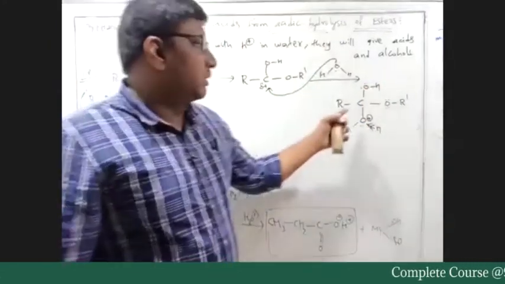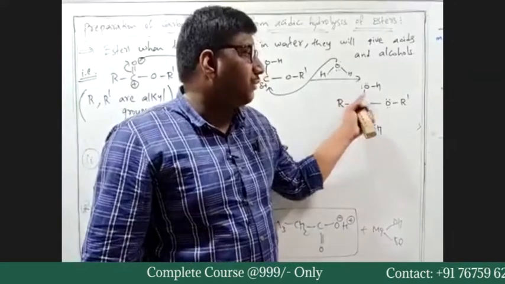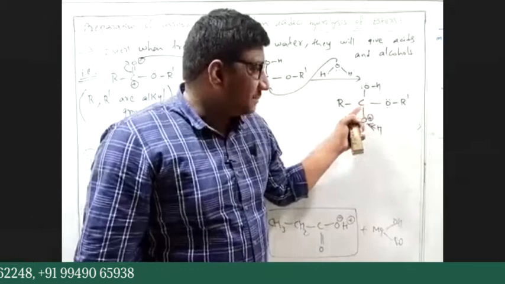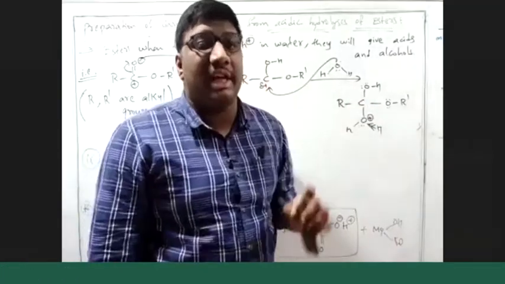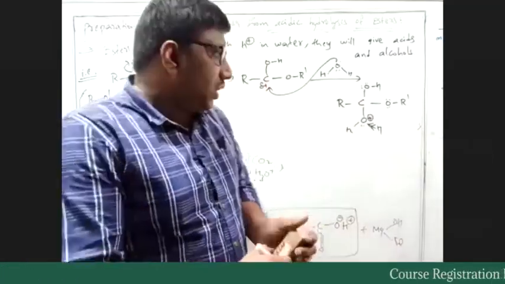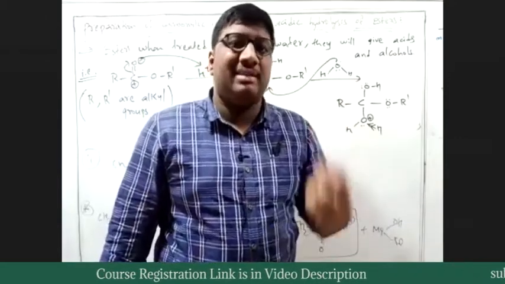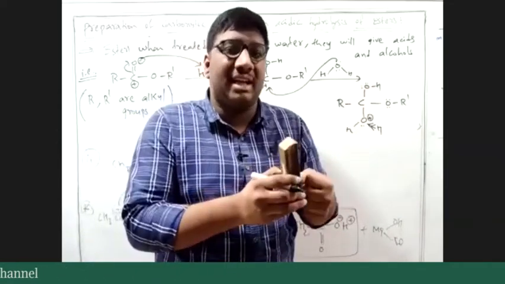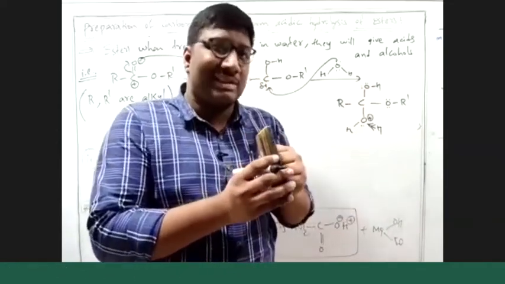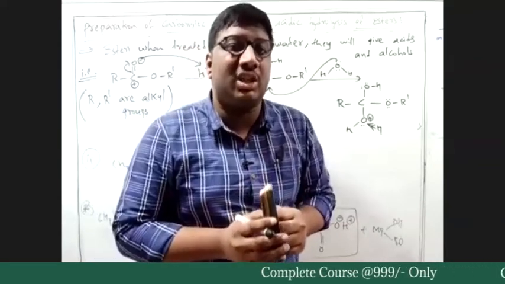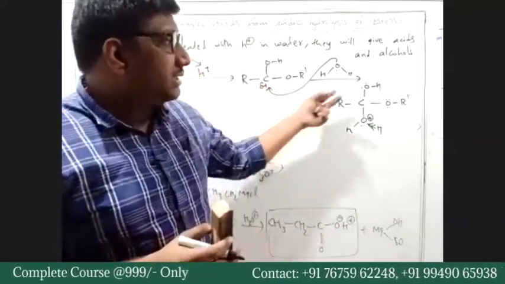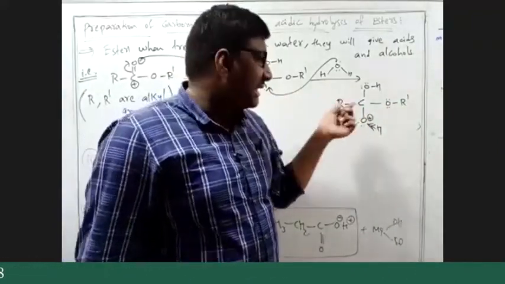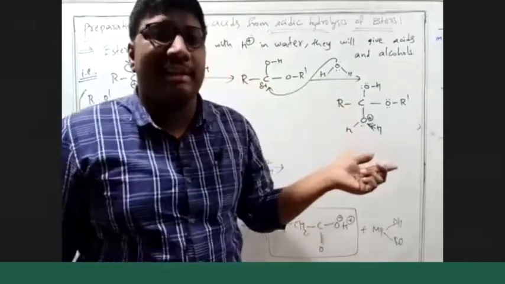This carbon is attached to four groups, so it should be sp3, and its shape should be a tetrahedron. Although it cannot be an exact tetrahedron because groups with lone pairs have slight repulsions, it is a slightly distorted tetrahedron. On this side we have R, an alkyl group, which cannot attack the hydrogen.